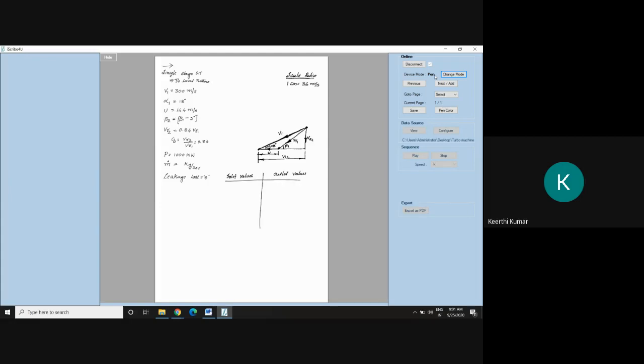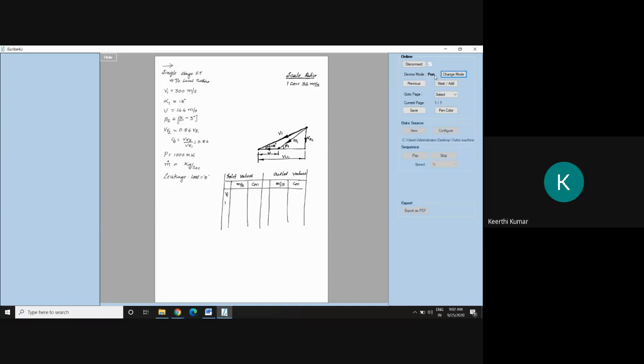What was the table in the last class we did, no? These are all corresponding to inlet and those are all corresponding to outlet. This is in meters per second and centimeter. So here you write the values. What are the inlet values?